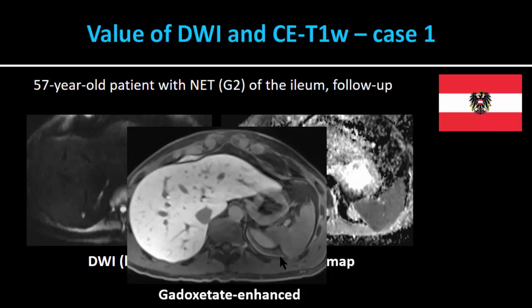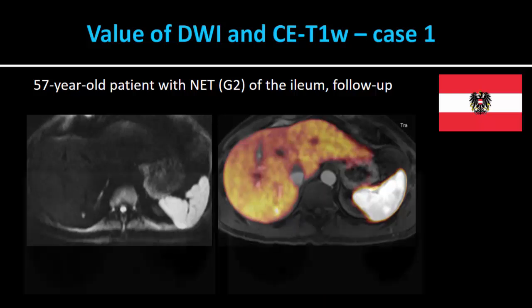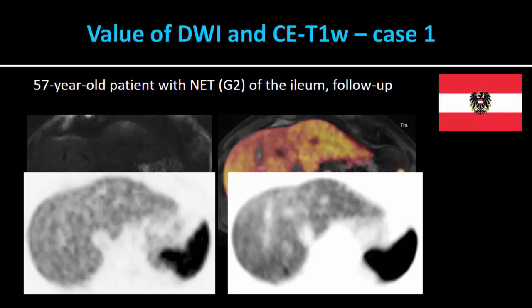So this is the 20-minute hepatocyte-specific phase, a very, very small lesion here. Interestingly, on the PET of the PET-MR, you see a tracer uptake here. And why is that? Well, if you compare the two, obviously because of the later time point. So also here the second time point, which we didn't really expect, made a difference.